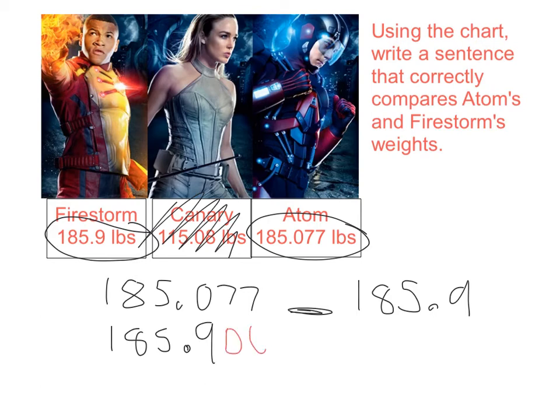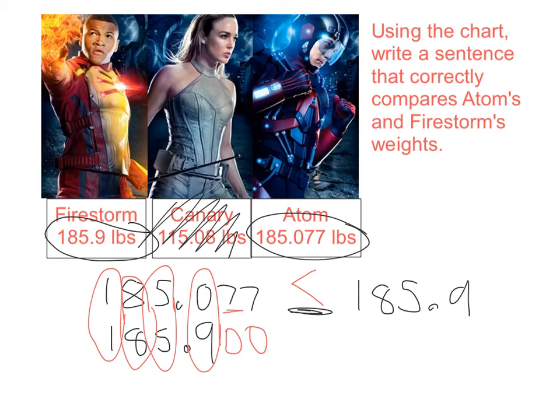Don't have enough decimal places. So now I'm going to compare the place values. The 100s match, the 10s match, the 1s match. The tenths place, that's where it changes. So I see that the 9 in Firestorm's weight is bigger, so I put in my less than sign.